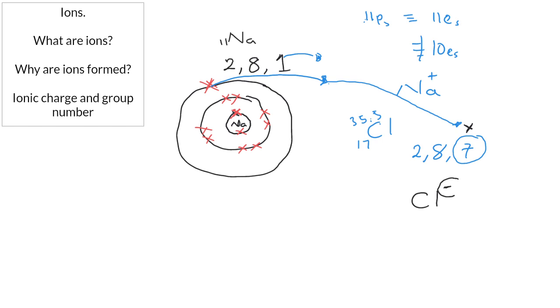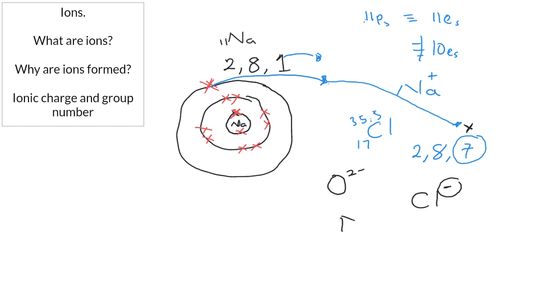And the negative charge also shows you that the element has gained an extra electron. If the element has gained 2 electrons, like in the case of oxygen, you write it as 2-.